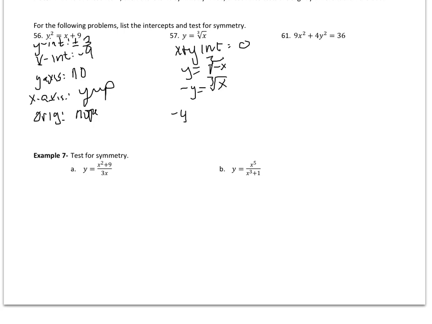So we get negative y equals the cube root of negative x. Now, the cube root of negative x is the same as negative cube root x. So if I have negative cube root x equals negative y, I can cancel my negatives, and I have y equals the cube root of x. That is the same, sports fans, so we do have origin symmetry.